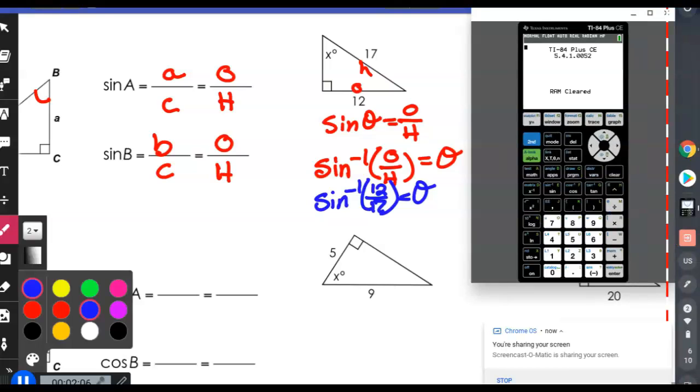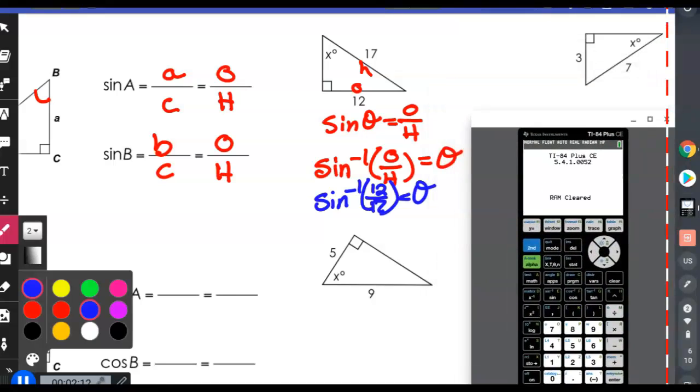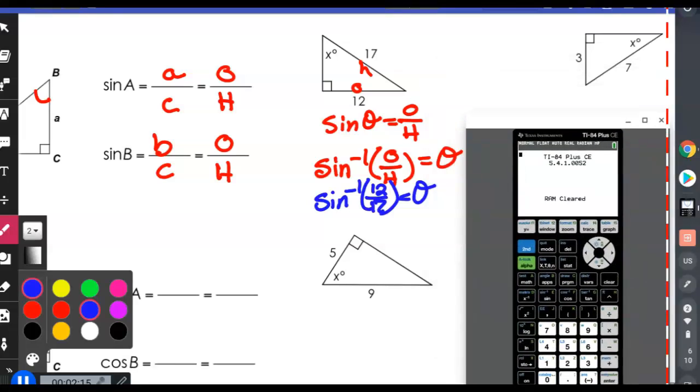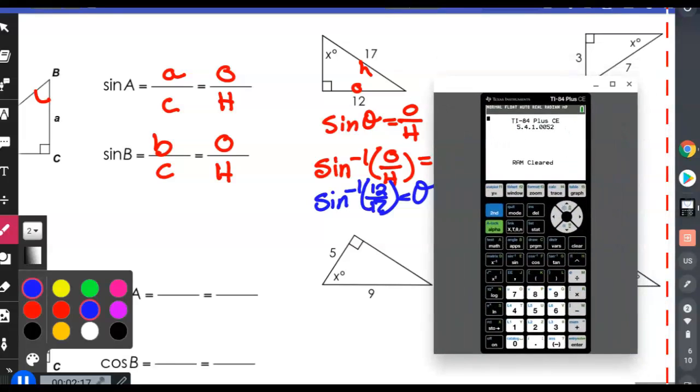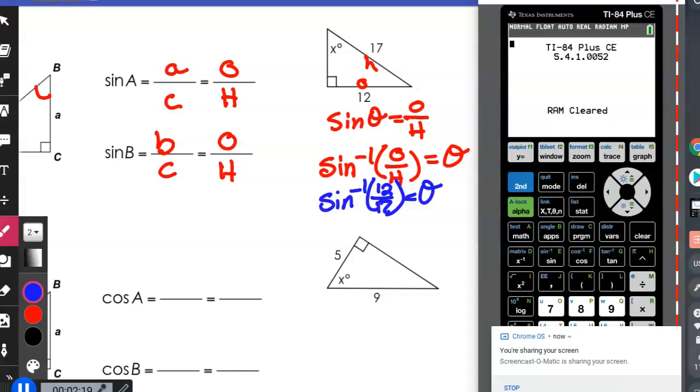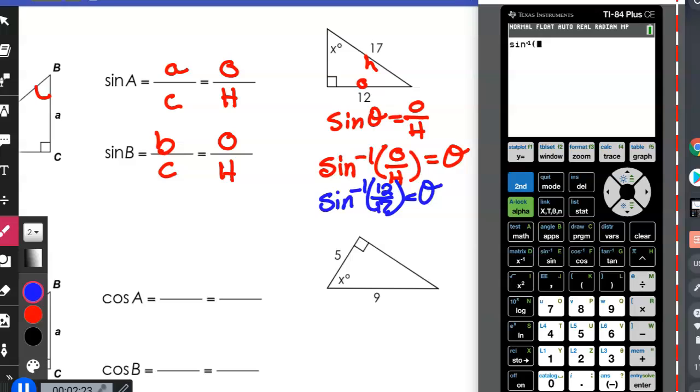So we're going to plug that into our calculator, our very, very small calculator. We're going to do second sine. See how it comes up with the little inverse symbol? 12 over 17, close the parentheses, and enter. I did it again, I'm in radian mode.